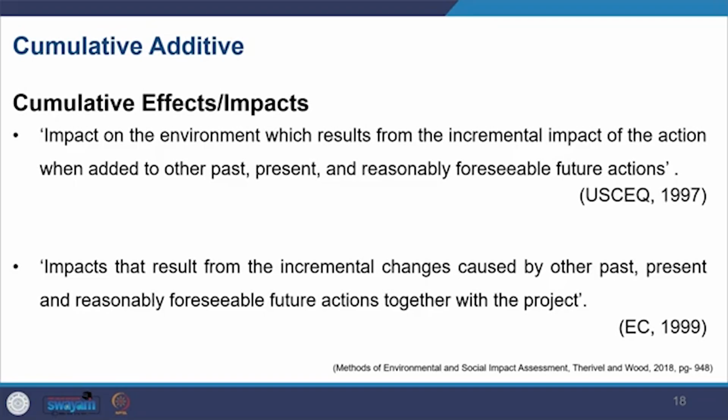We are looking at the incremental change, how slowly and gradually things are happening to the environment, given what was in the past, what is the present, and what's going to happen in the future. Likewise, the definitions also say that cumulative impacts result from incremental changes, what kind of changes have happened in the past and present, and what kind of change will happen in the future when you take all of them together with the project.